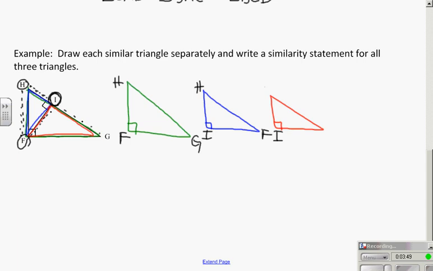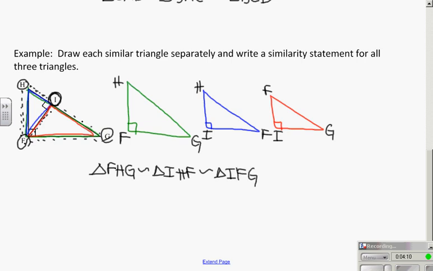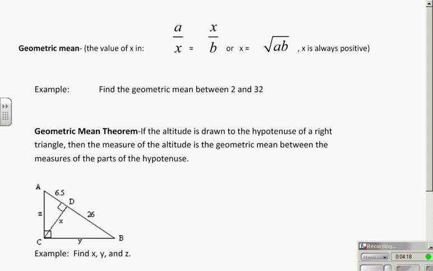This time my short leg goes up to F, and I run down my hypotenuse to G. So my similarity statement will be triangle FHG is similar to triangle IHF, which is similar to triangle IFG. We could solve and set up any necessary proportions from that.